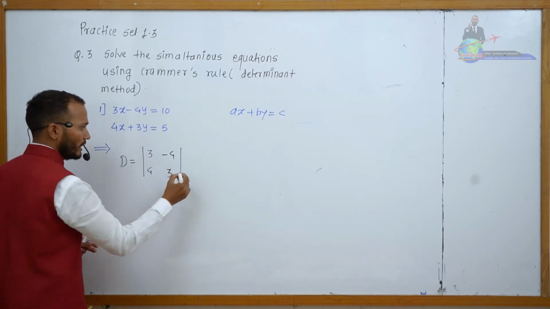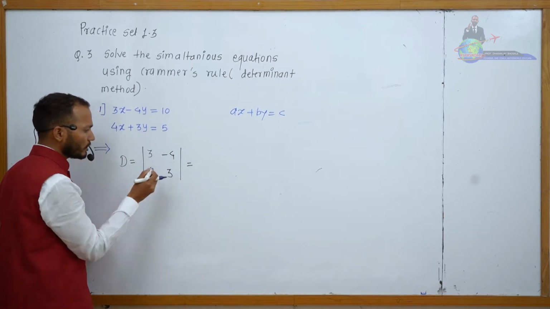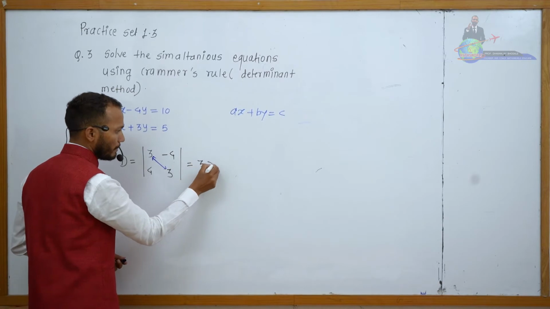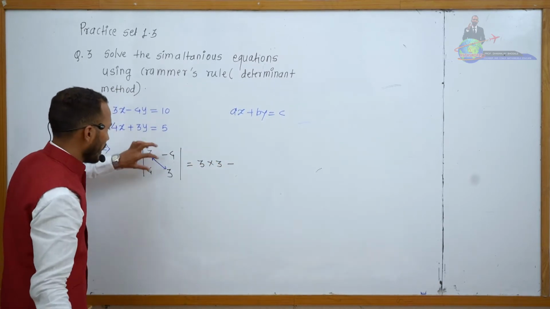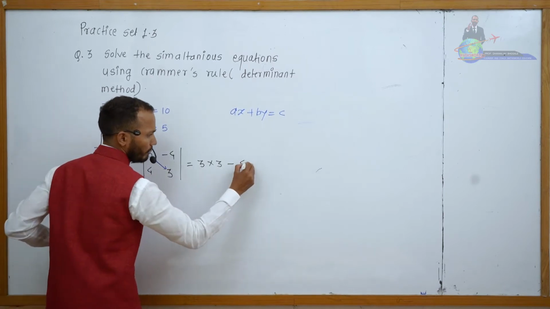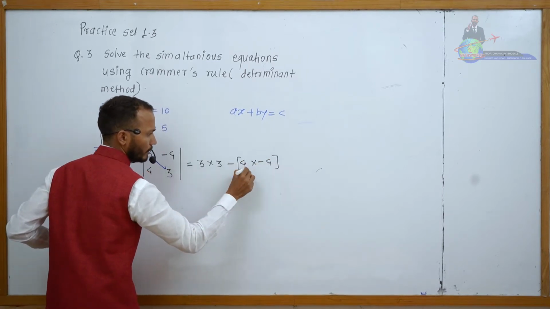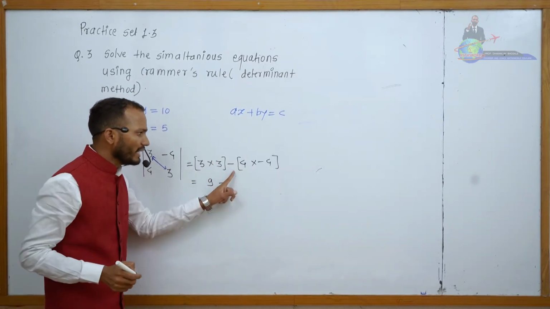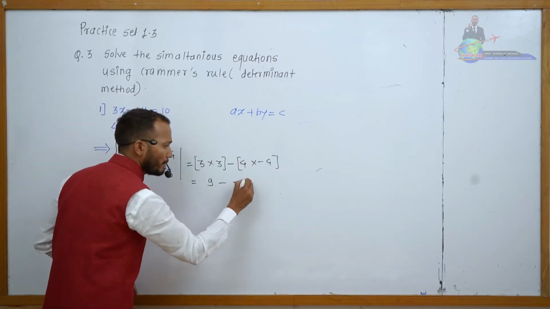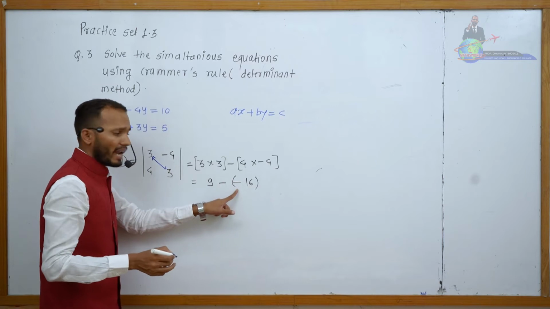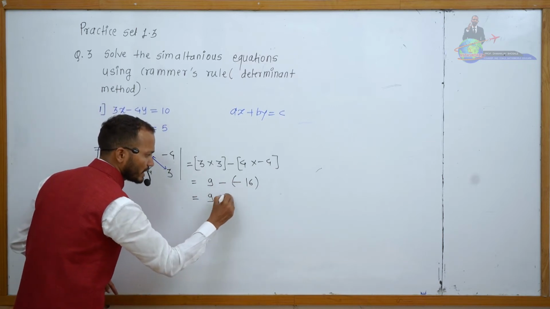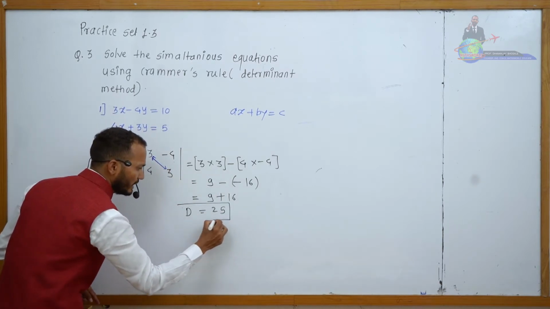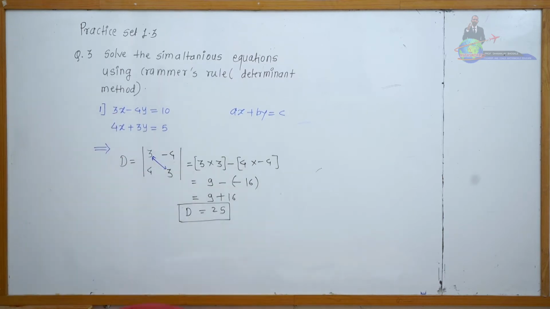We have to do the multiplication. 3 into 3, minus 4 into -4. 3 into 3 is 9, minus, and 4 into 4 is 16, so here is -16, but because of the minus sign there is a bracket: 9 minus (-16) is equal to 9 plus 16. The answer is 25. Means student, you got the value of D is 25.